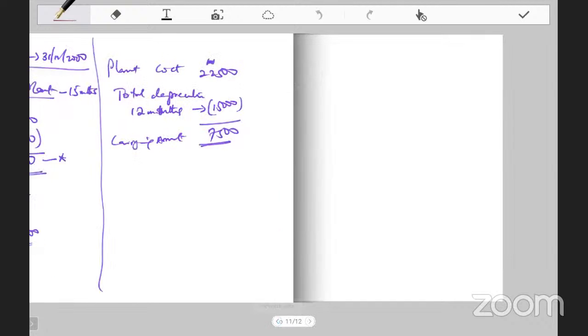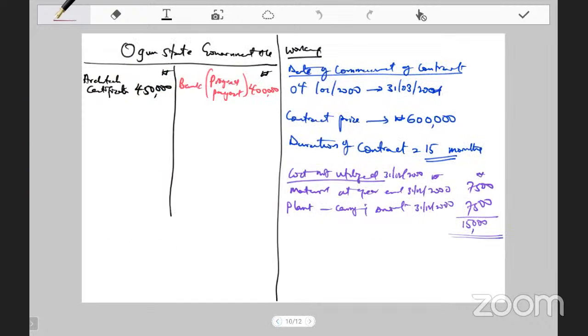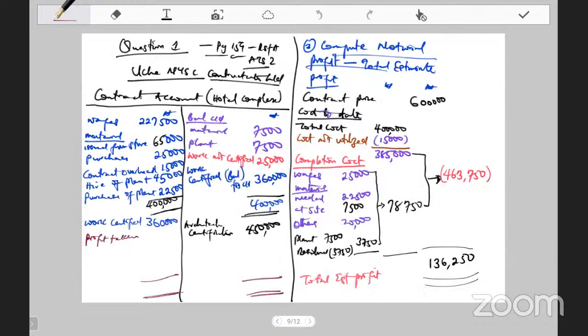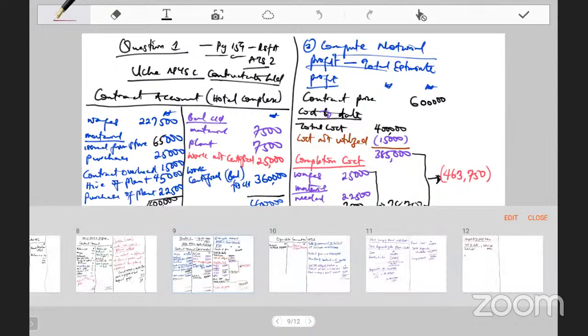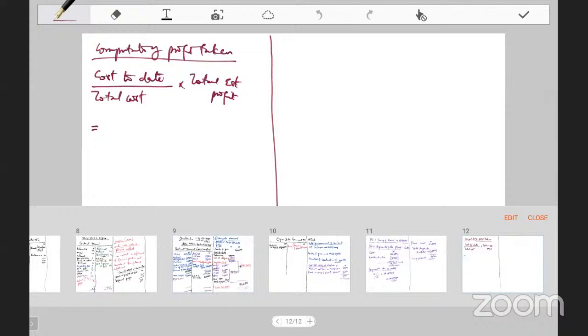What's our cost to date, class? It's in front of you now. What's the value of our cost to date? 385,000. And what's the value of our total cost? 463,750.